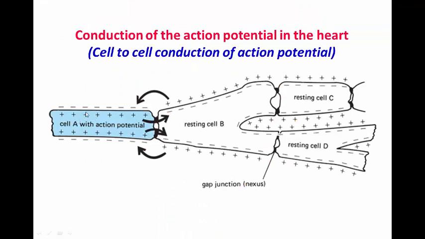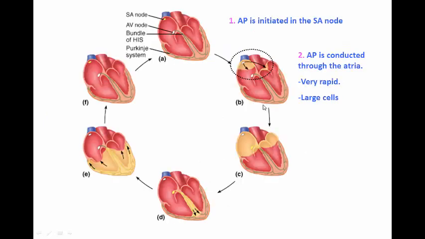Again, the action potential propagates through the intercalated discs. The action potential is conducted through the atria, and this conduction is rapid in the atria because the atrial myocytes are large cells.